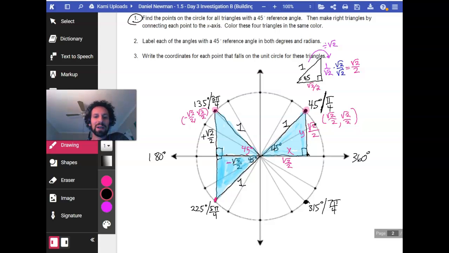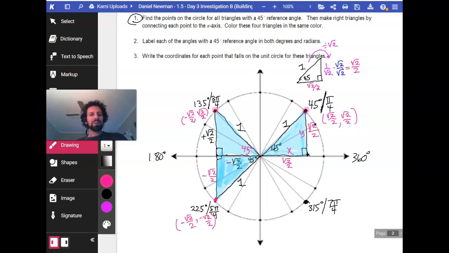So that's negative rad 2 over 2. So we already know the x-coordinate of this point. It's negative rad 2 over 2. Again, that's how far we went to the left to get to the pink point, and we go down rad 2 over 2 units because we're going down from the x-axis. Well, that makes our y-coordinate negative rad 2 over 2.